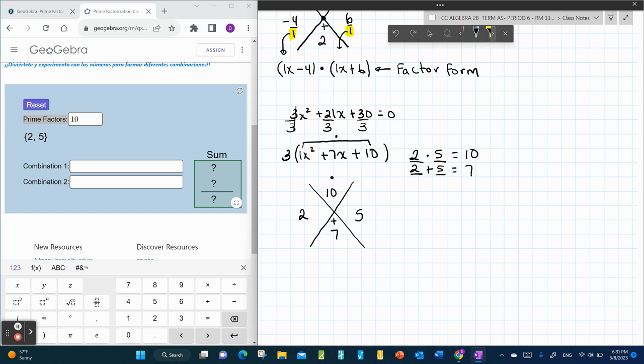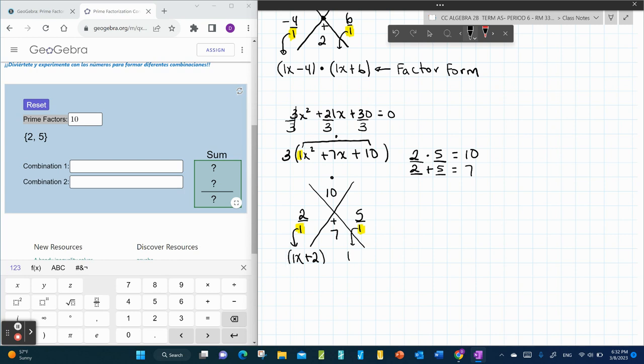Now, given that I now have a 1 right here, then that means that I'm going to rewrite this as being over 1. And that way they match. So, once again, my new answer turns out to be 1x and a positive 2, parentheses.